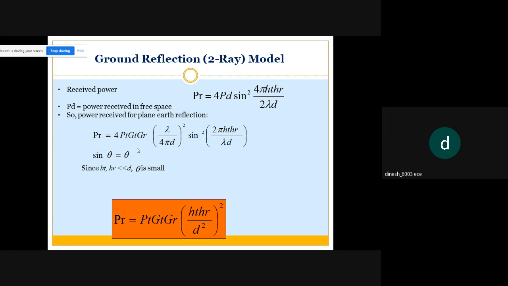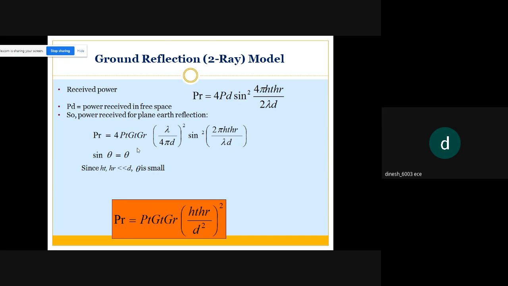So here the angle theta will be very much smaller, so sine theta will be equal to theta. HT and HR are very much less than D, so theta will become small.